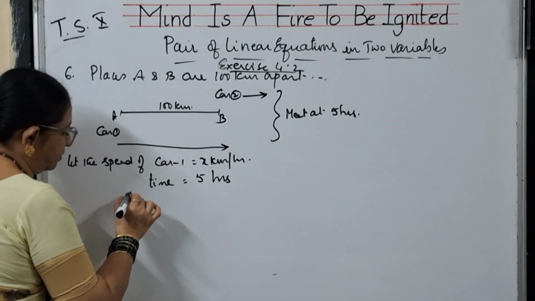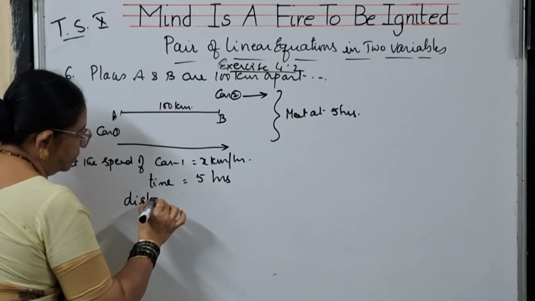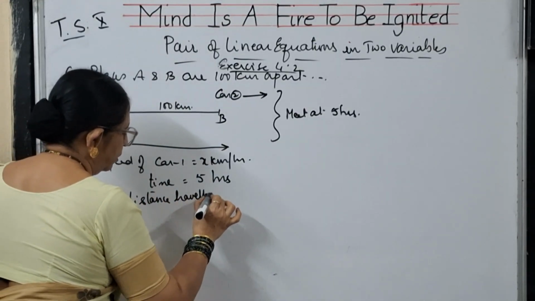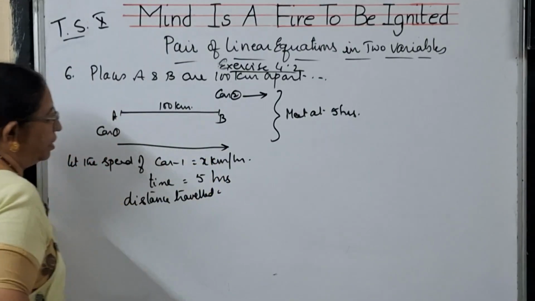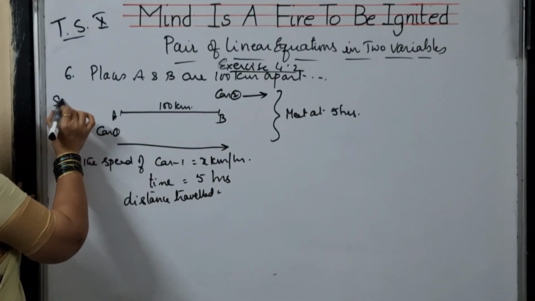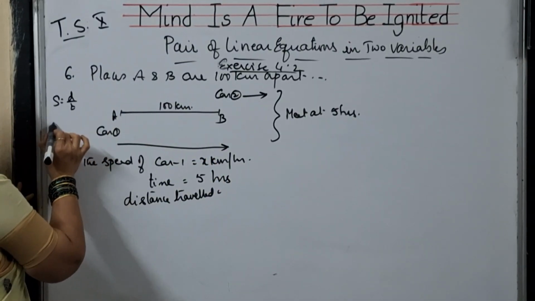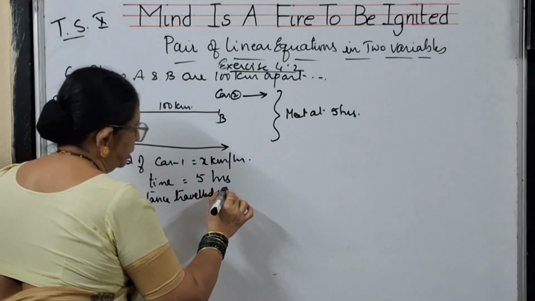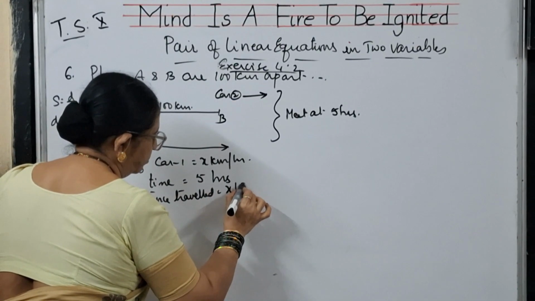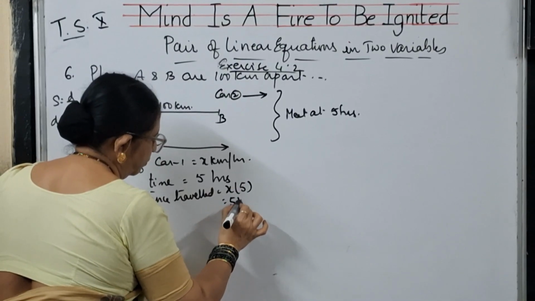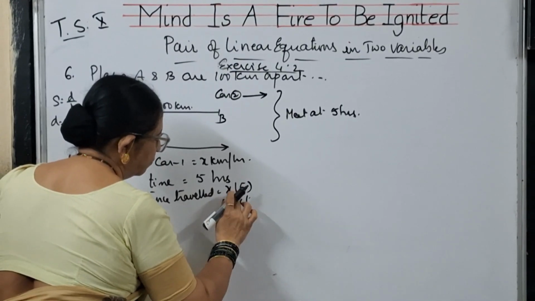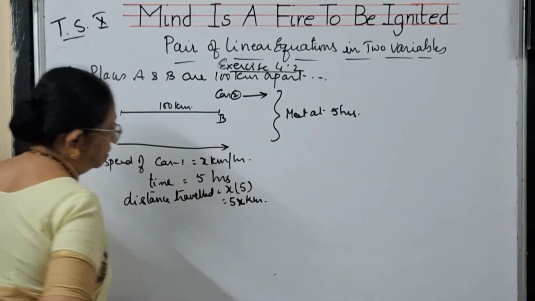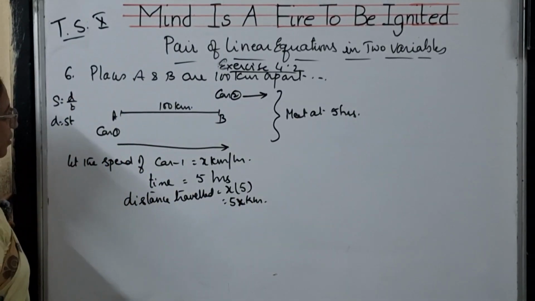So what is the distance traveled? We know the formula S is equal to d by t, so d is equal to S into t. Speed is x into time is 5, 5x kilometers is the distance traveled by car 1.